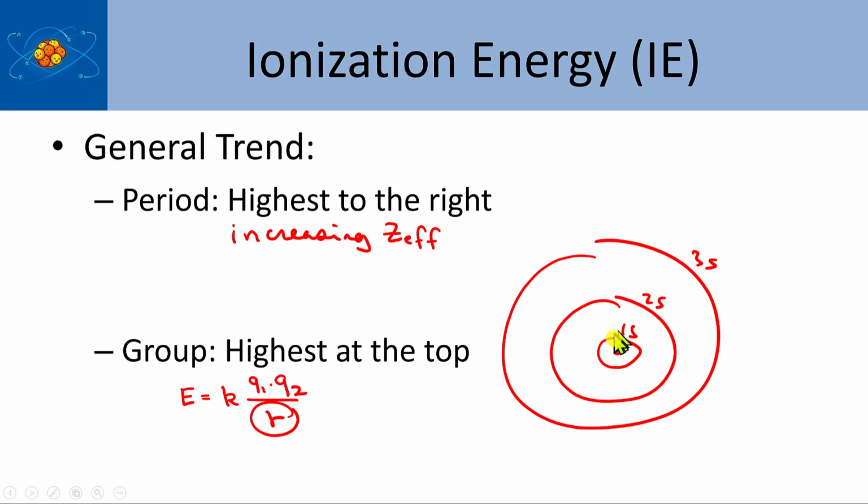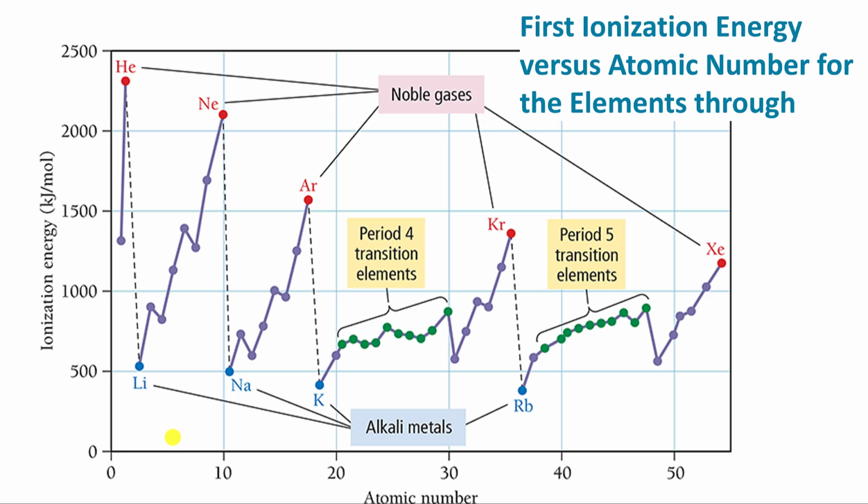So what does the ionization energy trend actually look like? This is first ionization now. It looks like this. You'll notice the noble gases, as you might expect, being on the far right, are the highest. The alkali metals, on the far left, are the lowest, and this reflects the radius trend.